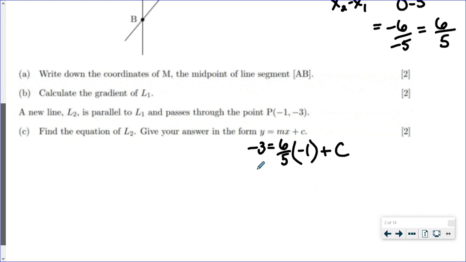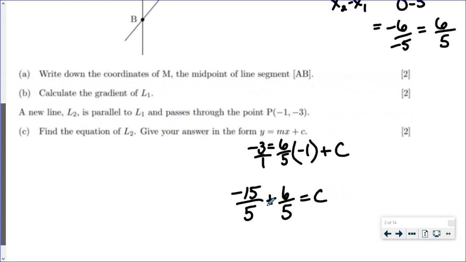Now we have -3 equals -6/5 plus c. I'm going to have to add 6/5 to both sides. But in order to do that, I'm going to need a common denominator. If we think of that as 3 over 1, we multiply numerator and denominator by 5, so we're going to have -15/5. I'm adding 6/5 to both sides, and that's how I get my c.